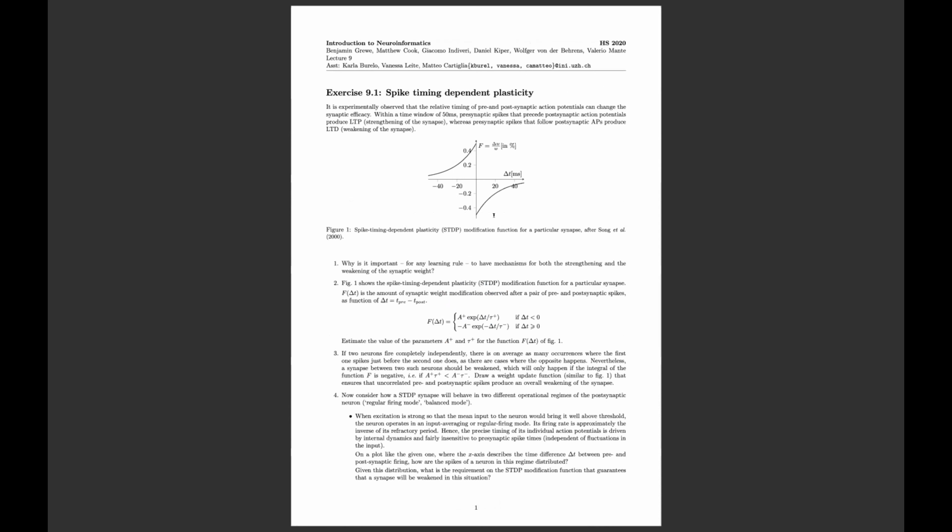So if the postsynaptic neuron fires a lot, then we will most likely be on the right side of the plane, because this is when the post comes before the pre, right? However, if the postsynaptic neuron fires very sparsely, and so it needs many presynaptic inputs to trigger a postsynaptic action potential, then we're on the left side of the plane, in which a lot of pre fires before post.